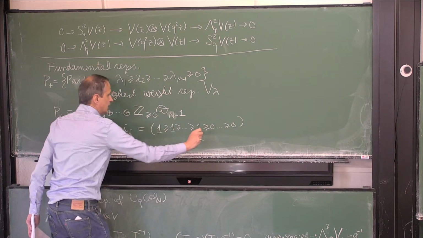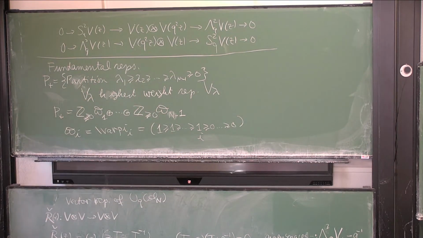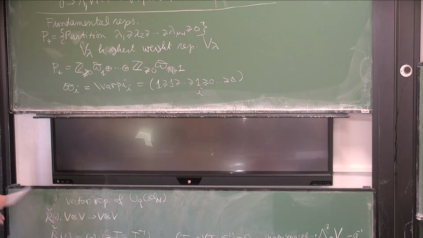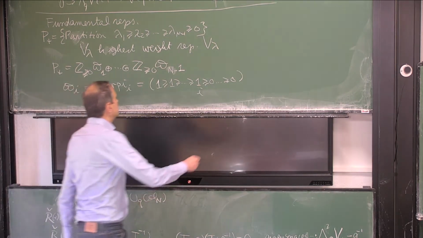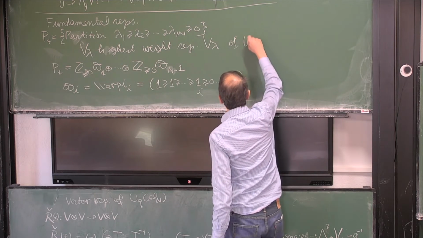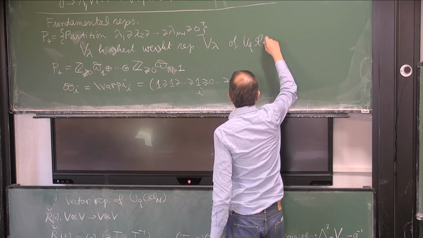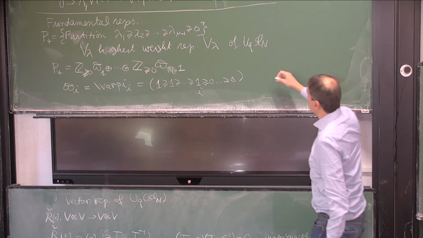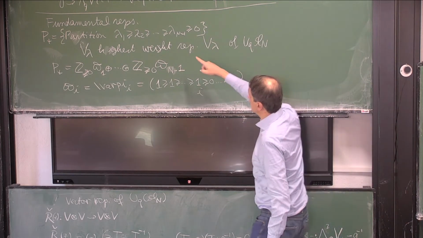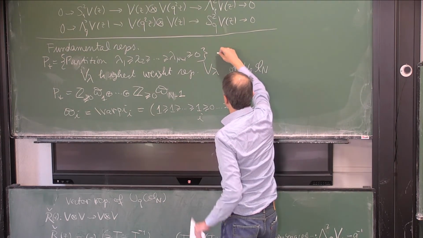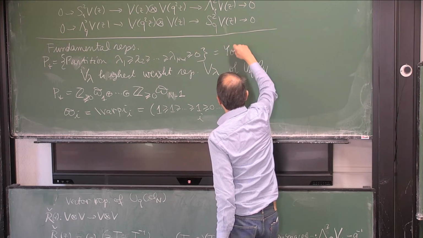And here this is the eigen space. And you can write any partition as a sum of these with non-negative integer coefficients, of SLN, and this V lambda. So it's useful also to draw these partitions as Young diagrams.